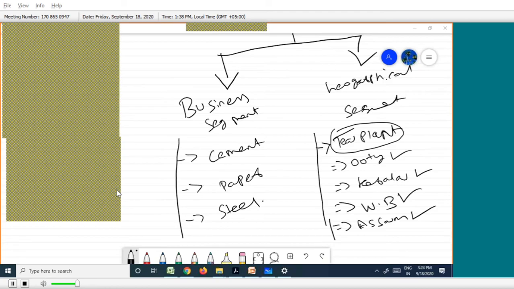Examples: companies producing cement, steel, paper, etc. Then it is a business segment. The same company is having three businesses like cement, steel, paper. Okay.